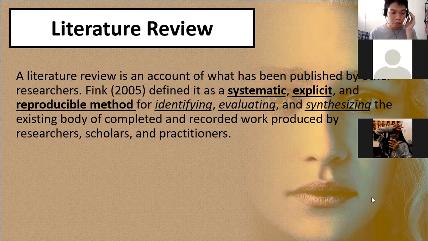But before you synthesize, you need to evaluate first if the literature is relevant or related to your study, because there you can find so many things that you may include in your paper, but you need to evaluate first. You need to analyze if this literature can be used for your study.